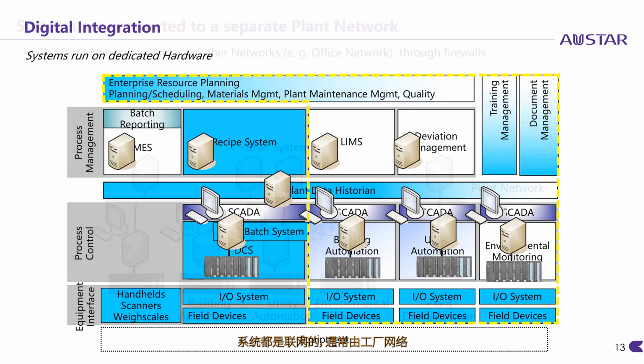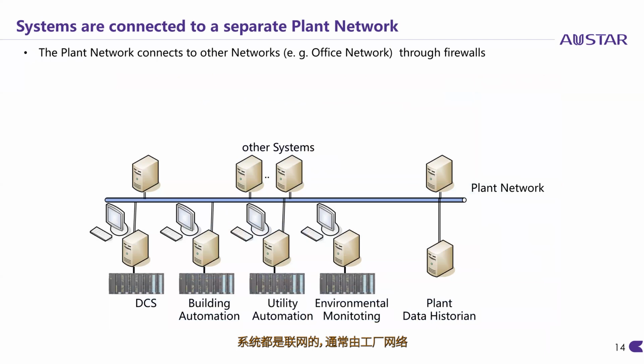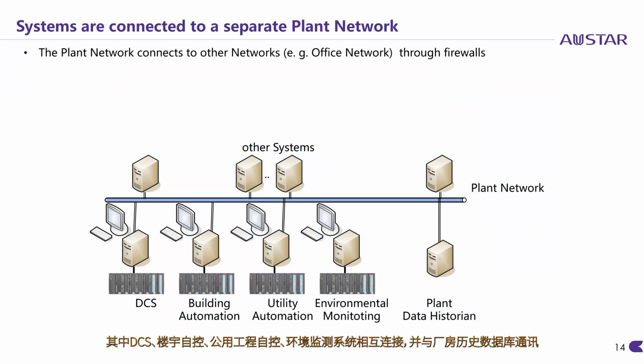So systems are networked. On a typical factory setup, we have a plant network where all the DCS, building automation, utility automation, and environmental monitoring are connected and then talk to the so-called plant historian.